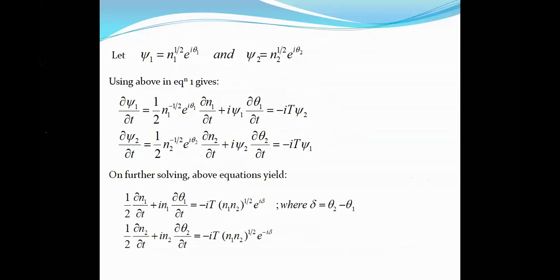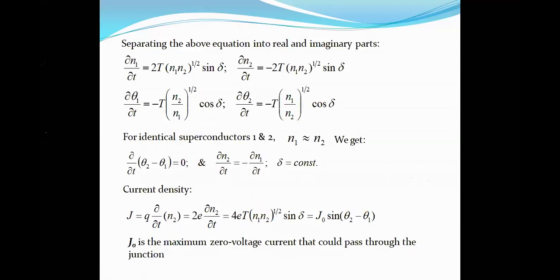So you see that here you have iota in this equation, so this is the real part, this is the imaginary part, and because e to the i delta theta is there, you will have cos theta plus i sin theta, so you will have real and imaginary parts on both sides. Once you separate them, this is what you get. So dn1 upon dt is 2t n1 n2 half sine delta, dn2 upon dt is minus 2t, this one, and the imaginary part.